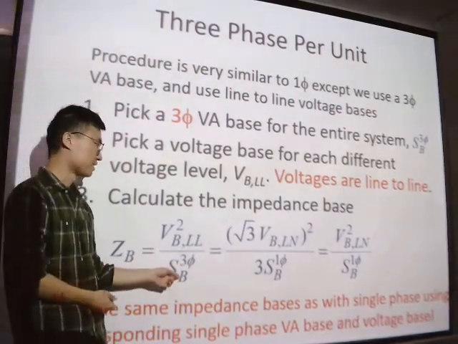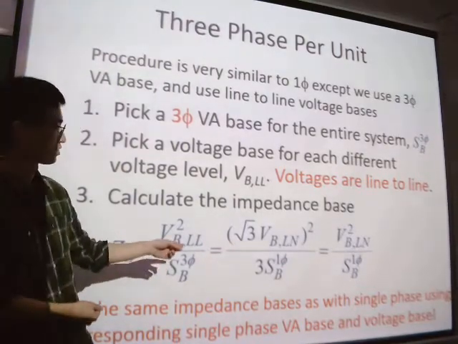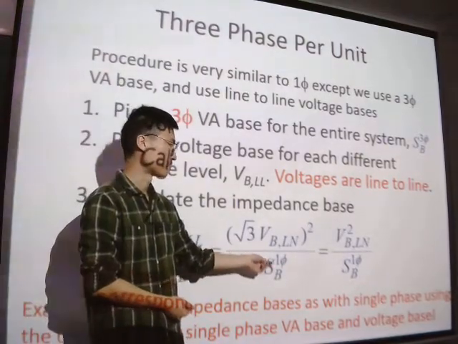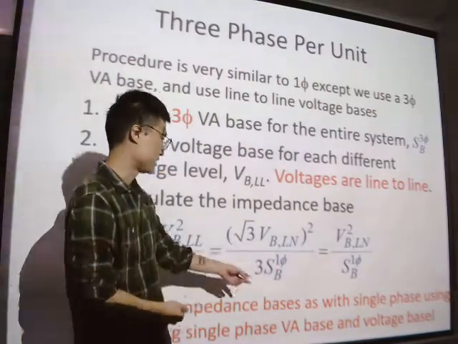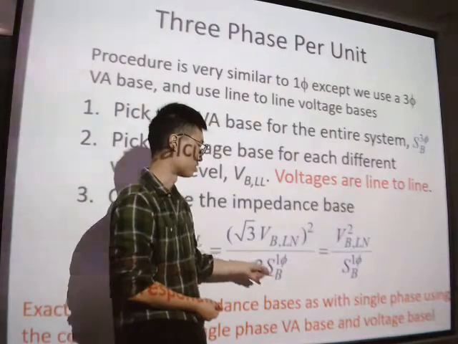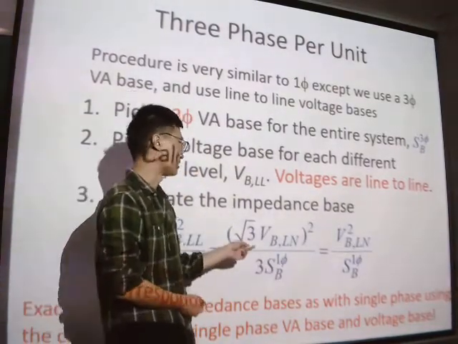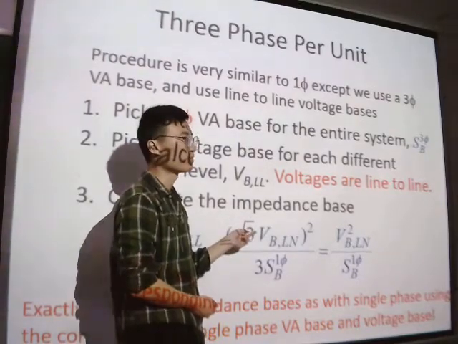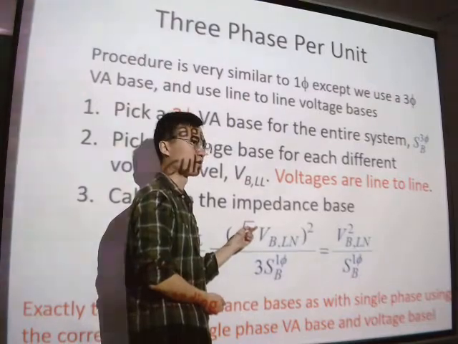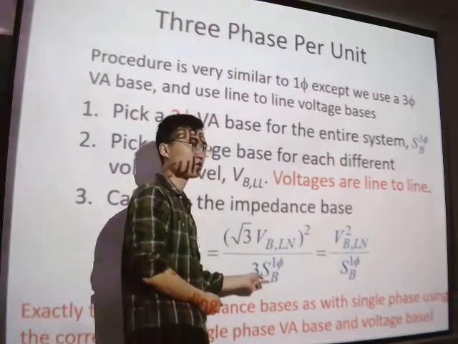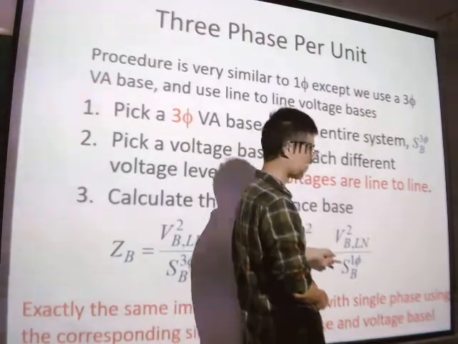And you can see that the three-phase complex power is equal to 3 times the complex power of each phase, if each phase is balanced. So it's 3 times this, and the square root of 3 squared will also get 3.